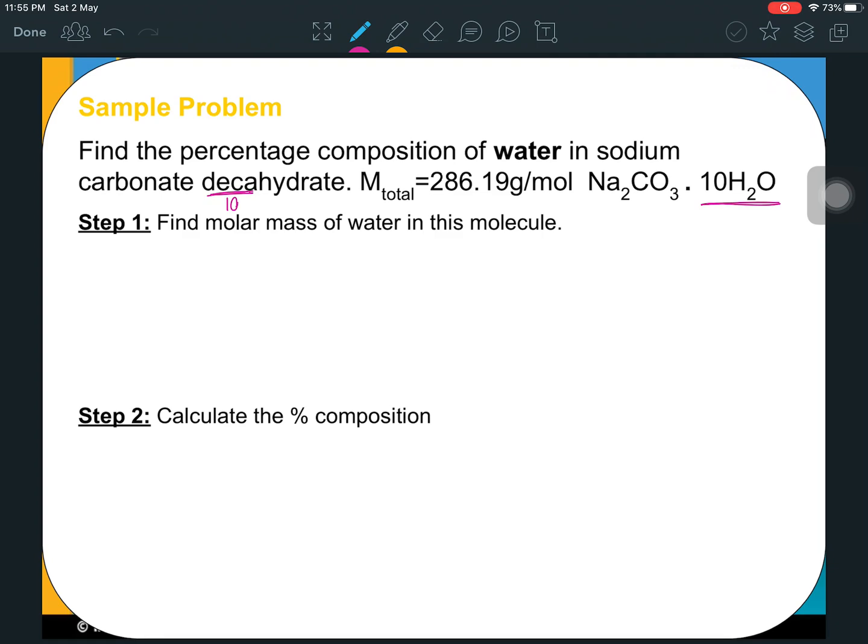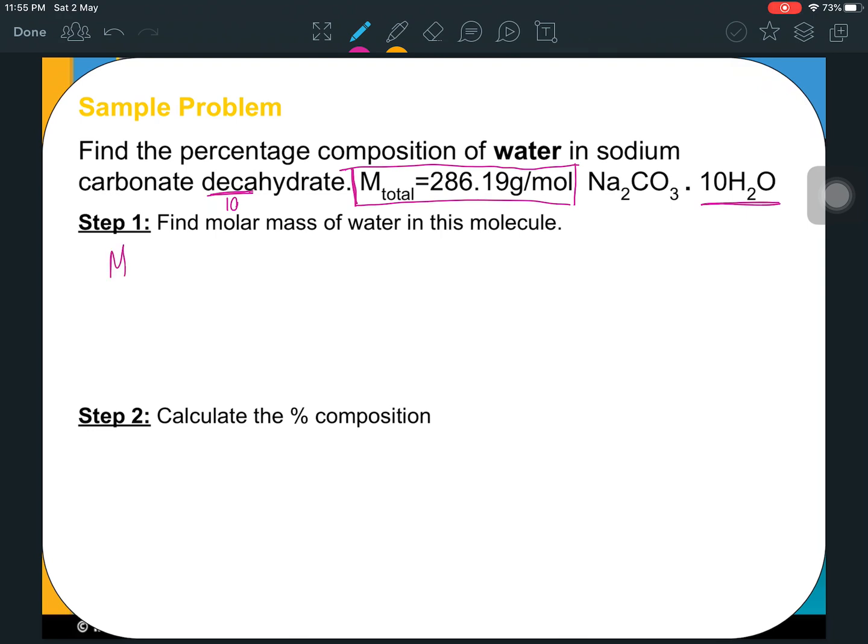So this is actually a lot easier than what you would think. We have already been given the molar mass of the whole compound, so that really makes our job a lot easier. Now all we need to do is find the overall mass of water in our compound, which is very simple.